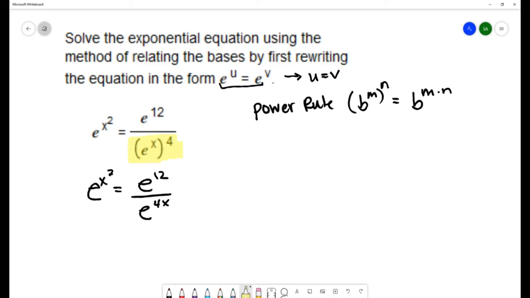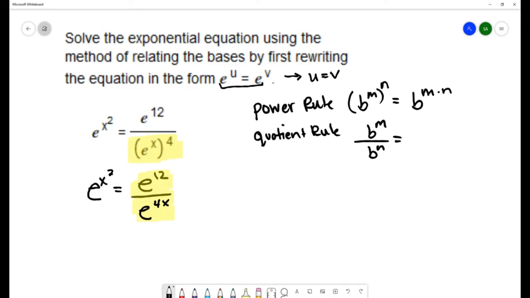Then we're going to simplify this whole right-hand side using another property of exponents called the quotient rule. And the quotient rule deals with this situation when you have b to the m over b to the n. You're dividing expressions with the same base.